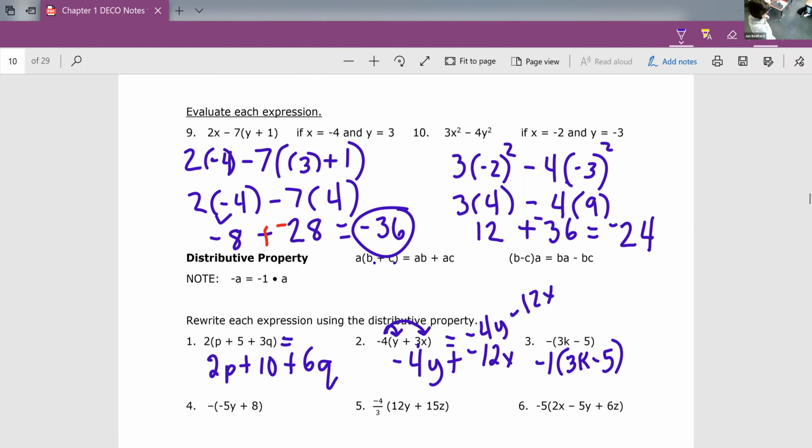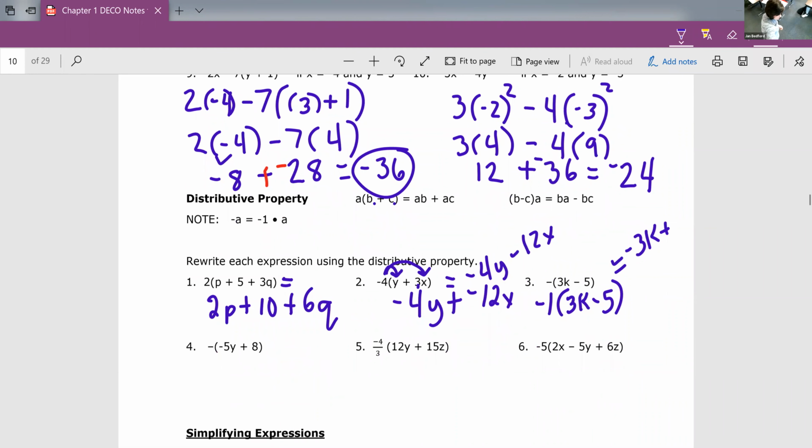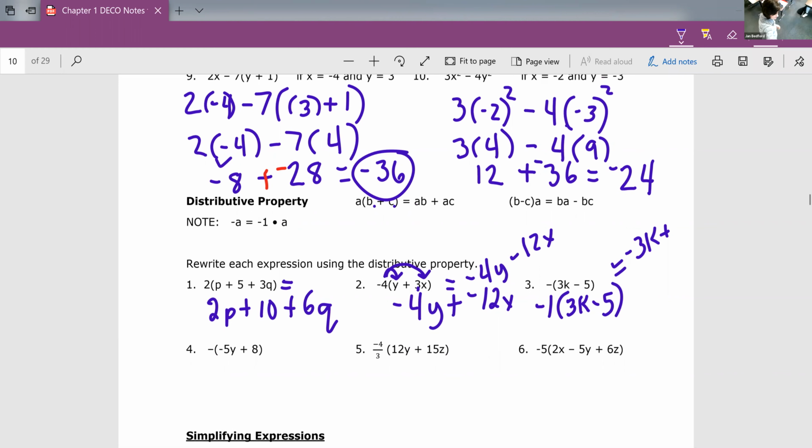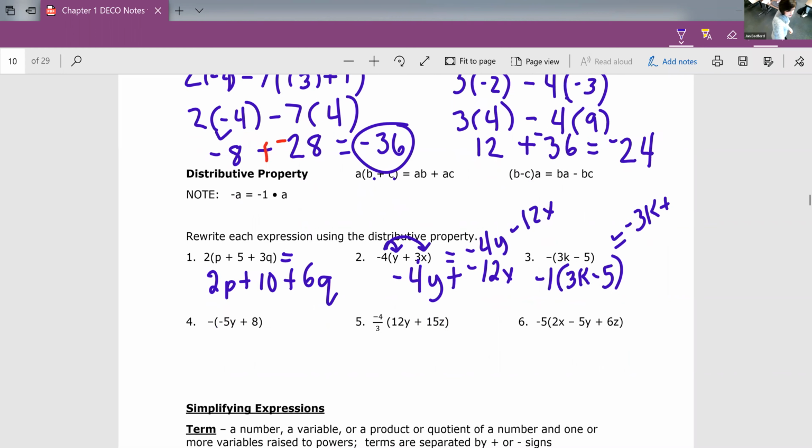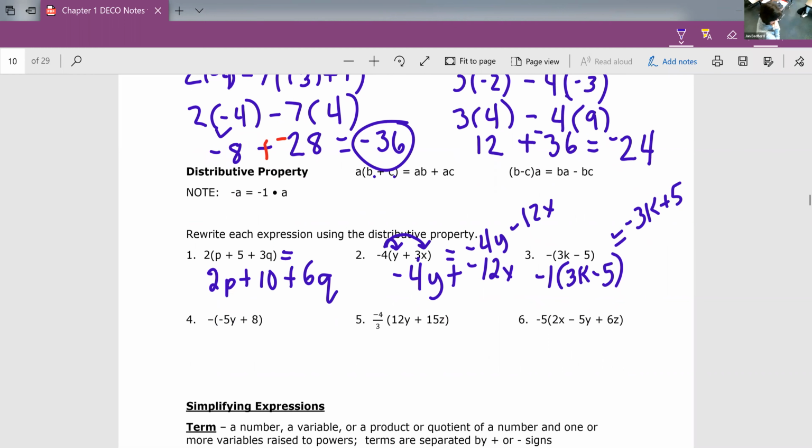And that's another way you can think about it if there's just a negative sign in front. But if we want to distribute using negative 1, this is going to equal what? Negative 3k plus 5, because a negative times a negative gives me a positive, right? Okay, so negative 3k plus 5.